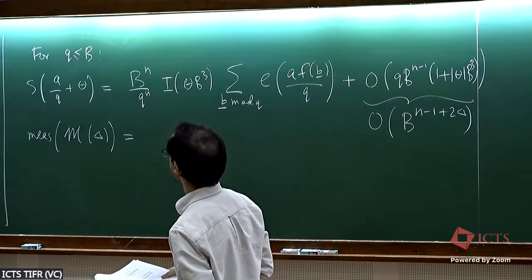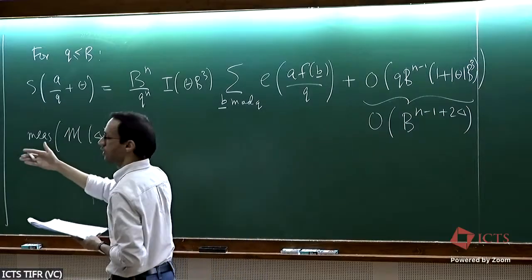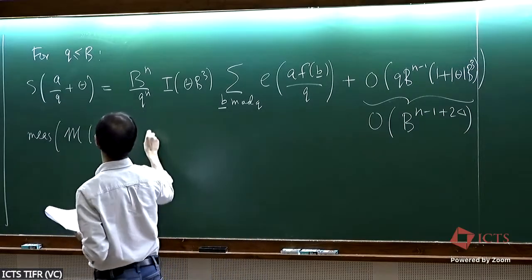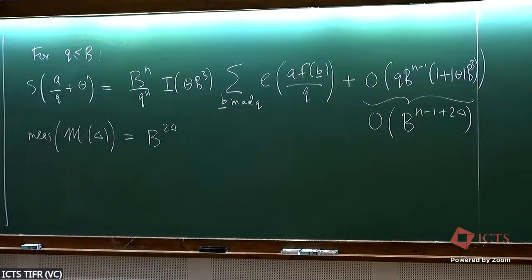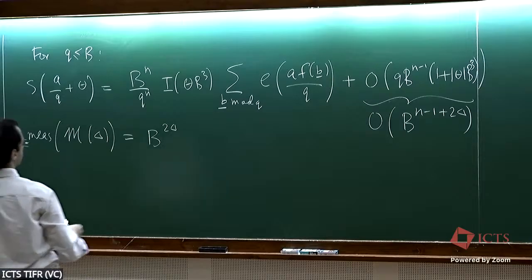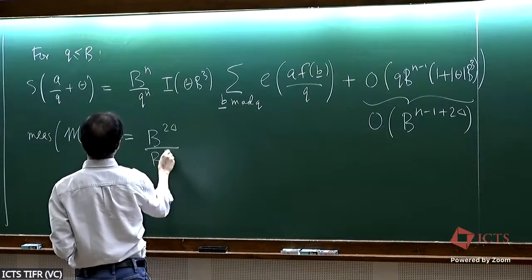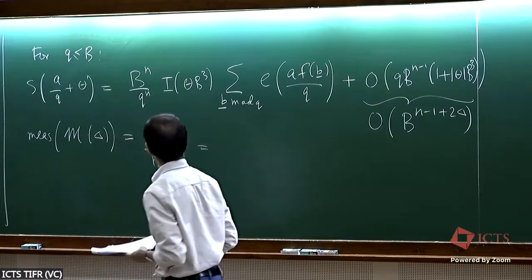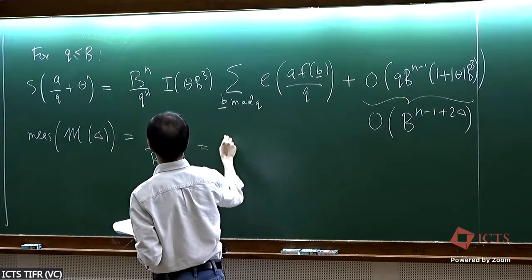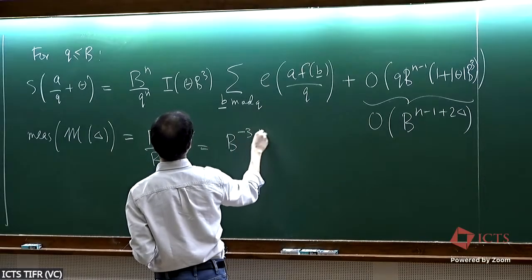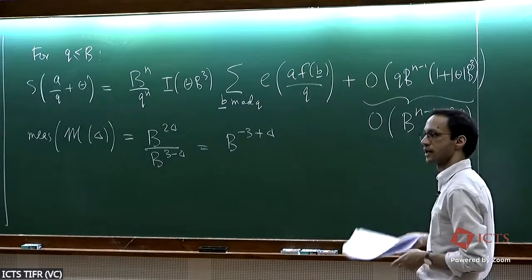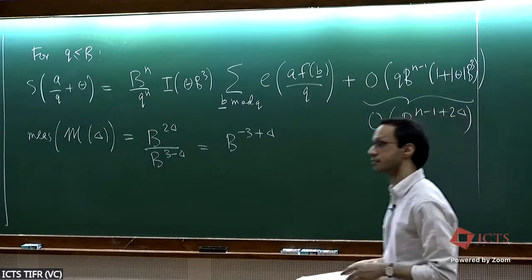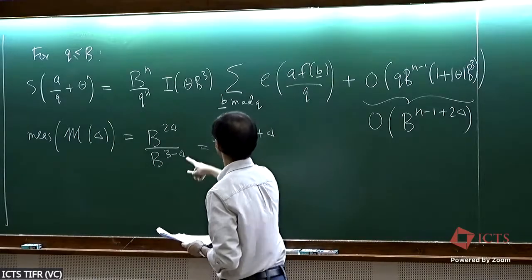So you're going to take all of the a's and all of the q's. So you get b to the 2 delta from there. And then you have the size 1 over b to the 3 minus delta from the theta integral. So if you put all of this together, the size of the major arcs is b to the minus 3 plus 3 delta. That's the measure of the major arcs.